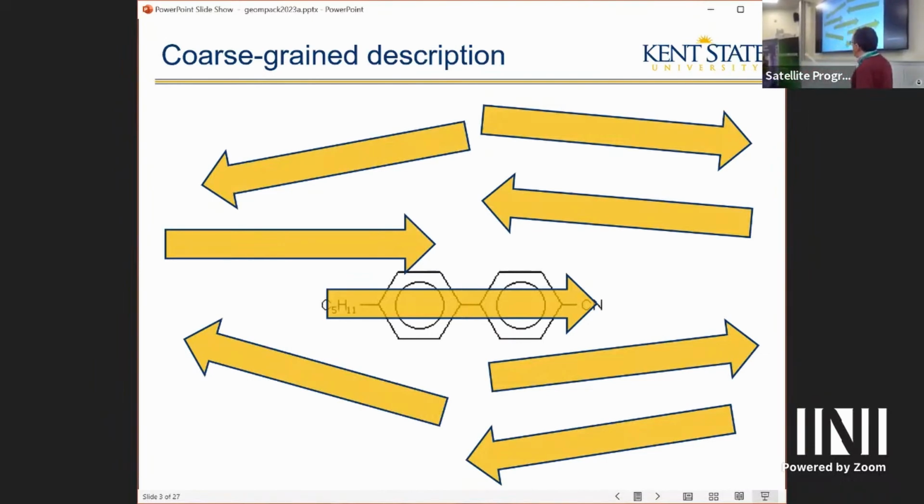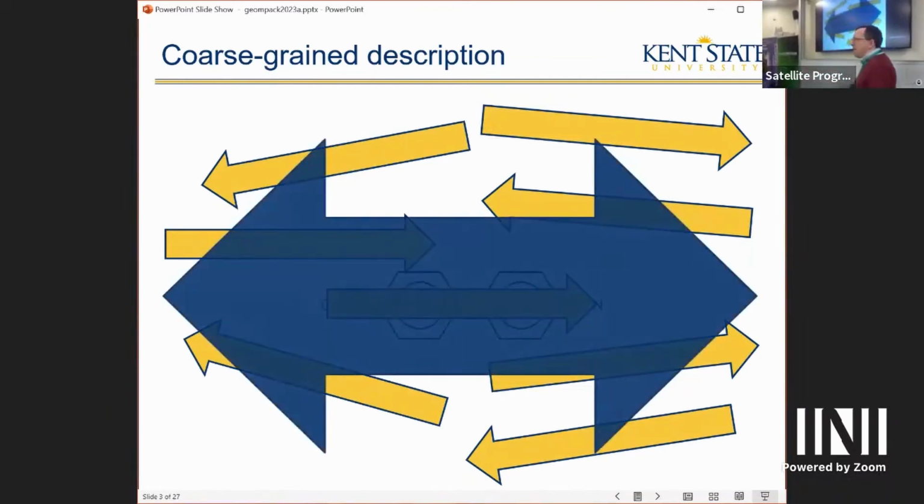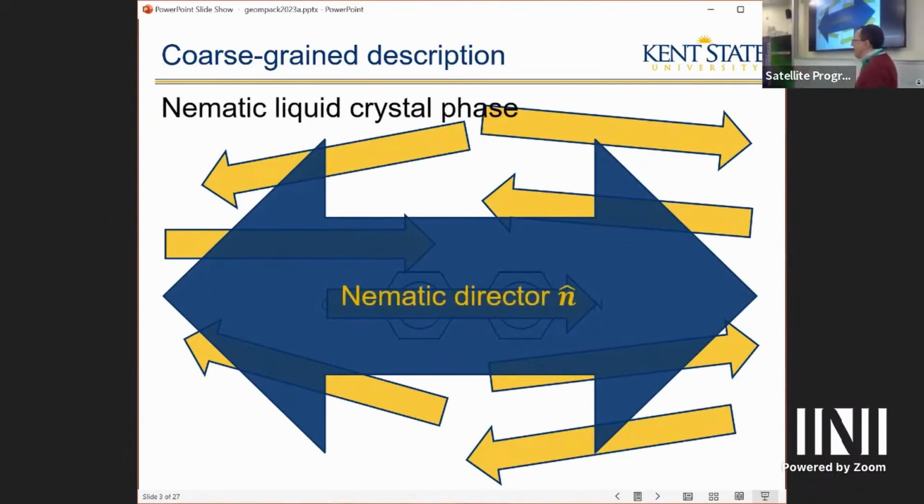And so it's an order that can be represented by some double-headed arrow like this. So this is called a nematic liquid crystal phase. This double-headed arrow representing the orientation is called the nematic director, represented by a unit vector n, with the understanding that n and negative n represent the same physical state.